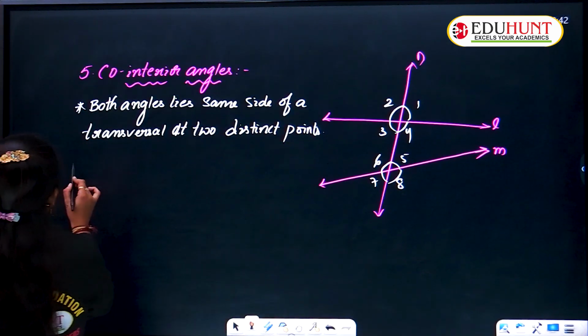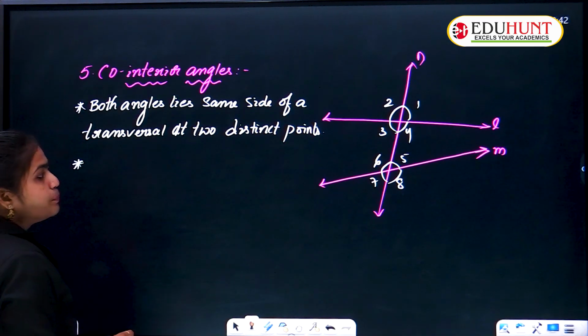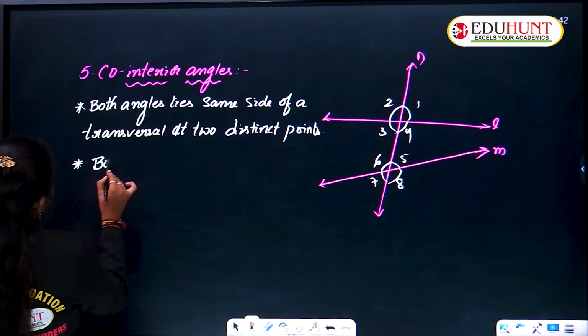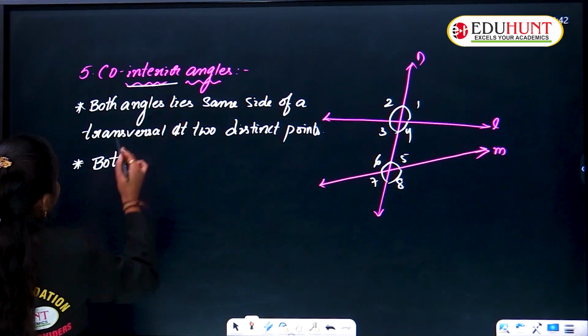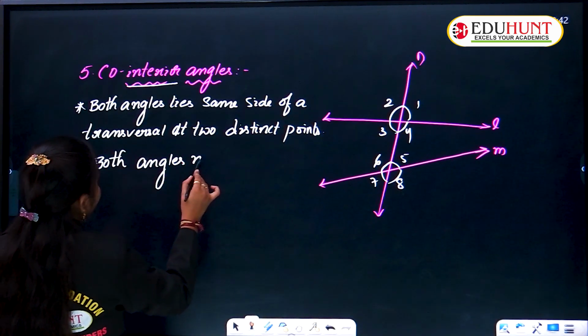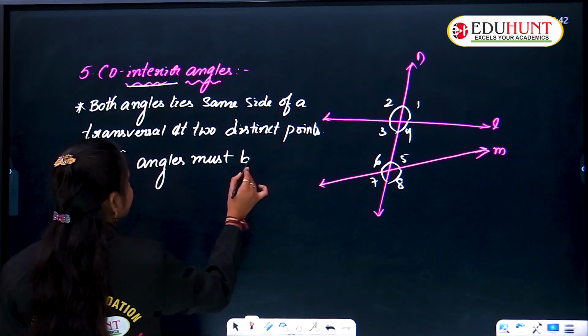This is the first point. And the second one is both the angles are interior. Both the angles must be interior. Why? Because they are interior angles. That's why both angles must be interior.